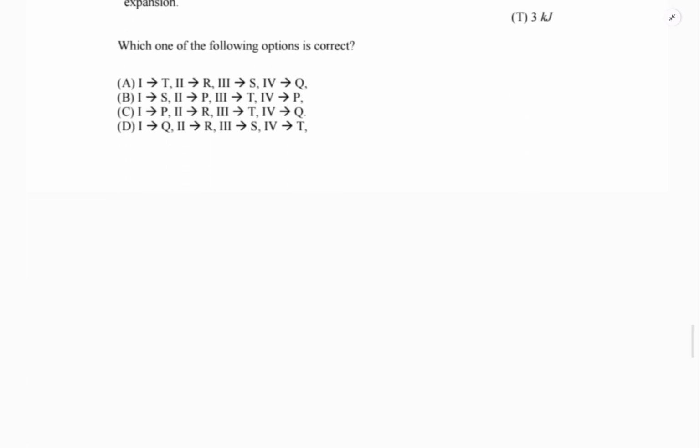So the first one is stating 10 to the power minus 3 kg of water at 100 degrees Celsius is converted to steam at the same temperature at a pressure of 10 to the power 5 Pascal. The volume of the system changes from 10 to the power minus 6 meter cube to 10 to the power minus 3 meter cube in the process, and the latent heat of water is 2250 kilojoule per kg.